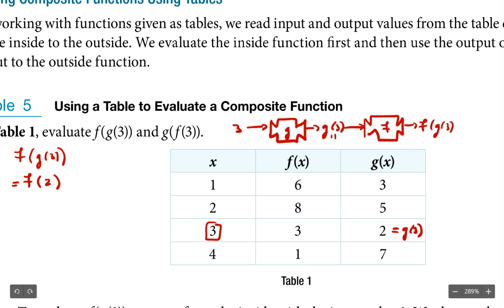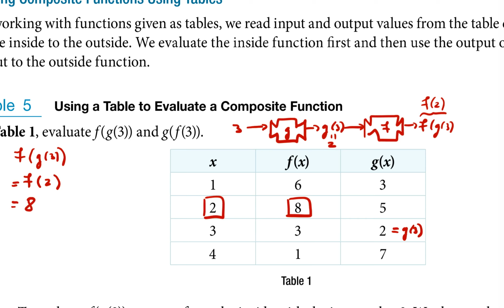Now g of 3 is equal to 2, so what we want to calculate here is f of 2. So when the input is 2, the output is 8. So this is 8.